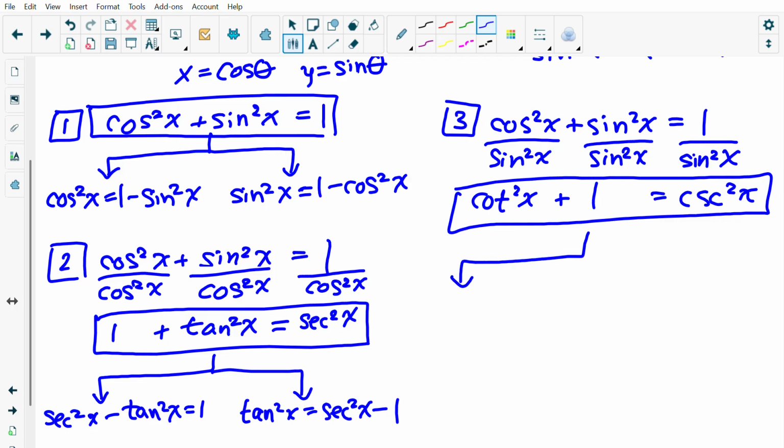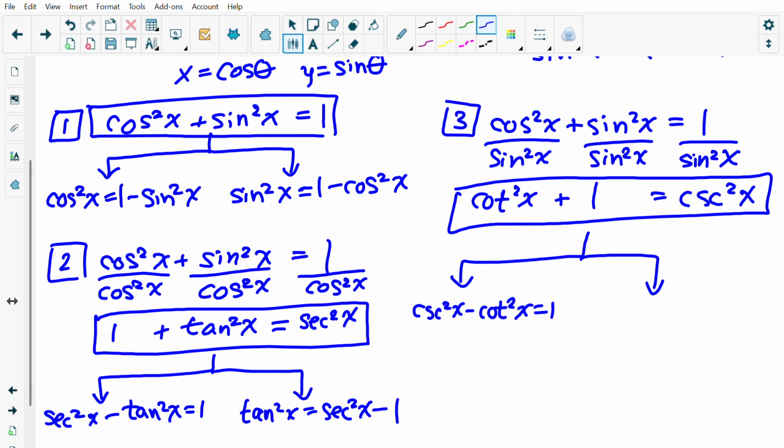Versions of this, right? Let me subtract cotangent squared of x from both sides. So I get cosecant squared of x minus cotangent squared of x equals 1.